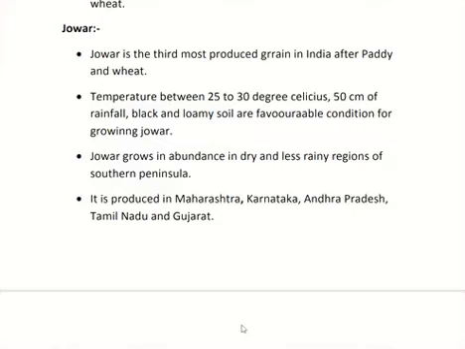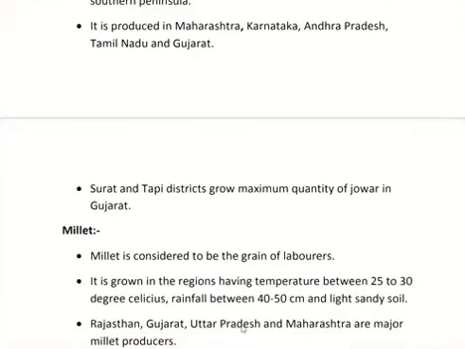Jowar grows in abundance in dry and less rainy regions of the southern peninsula. Where you find less rainfall, people cultivate jowar. Most production is in Maharashtra, Karnataka, Andhra Pradesh, Tamil Nadu, and Gujarat. Especially in Gujarat, Surat and Tapi districts grow the maximum quantity of jowar.